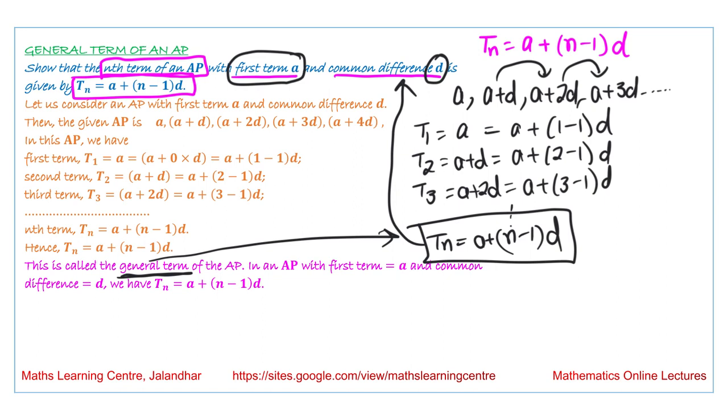If an AP has first term A and common difference D, then Tn is equal to this value.